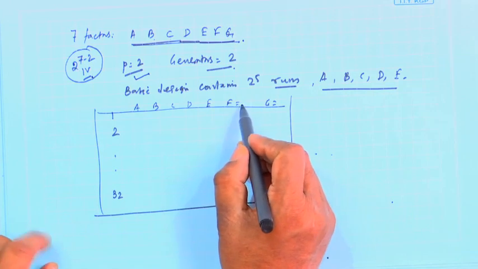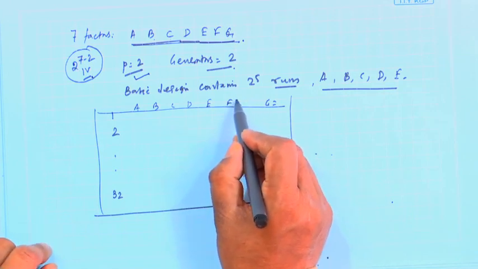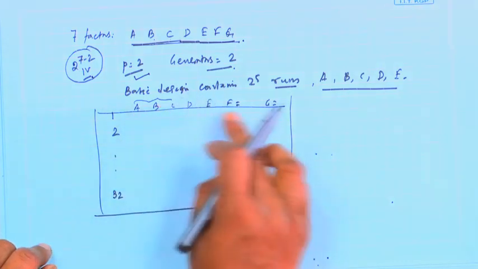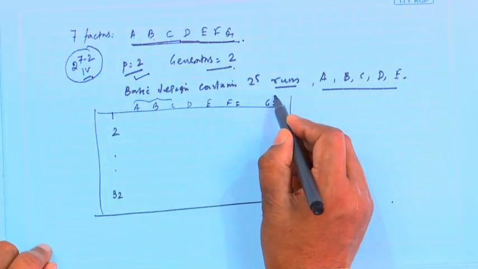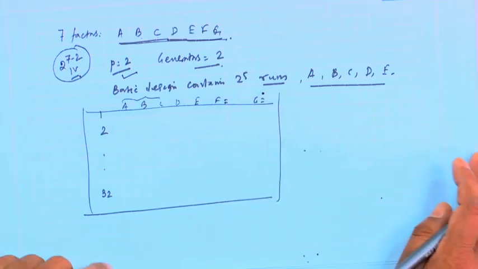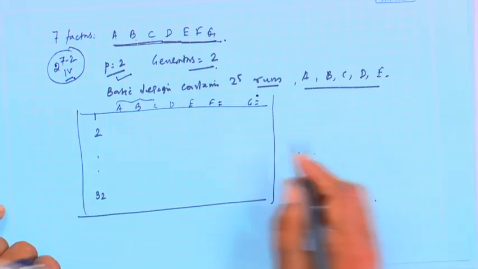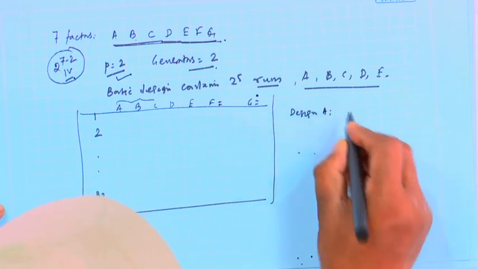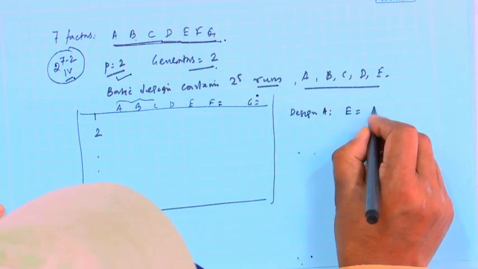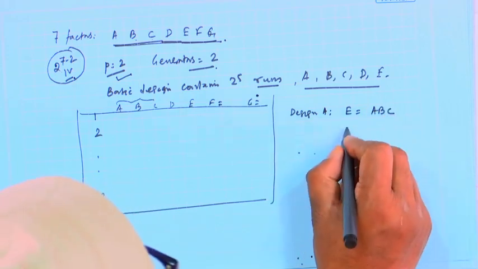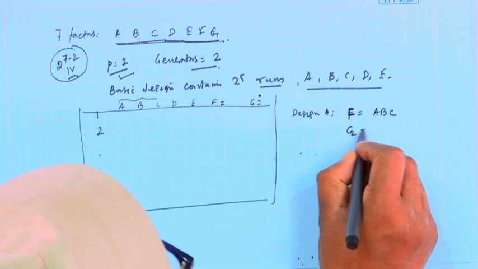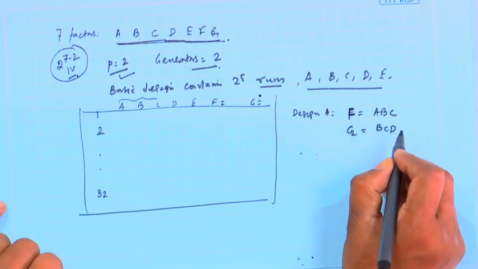So, you can generate F by confounding with ABC, G also confounding with BCD. So, that means let us create 3 designs. Suppose design A, where F is confounded with ABC and G with BCD. Okay.